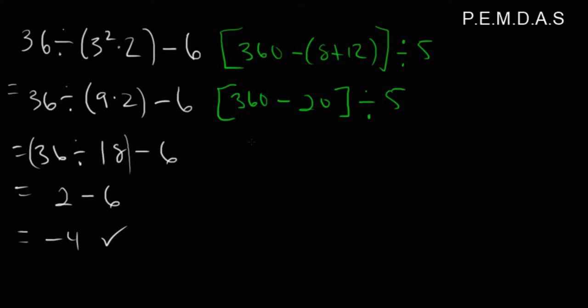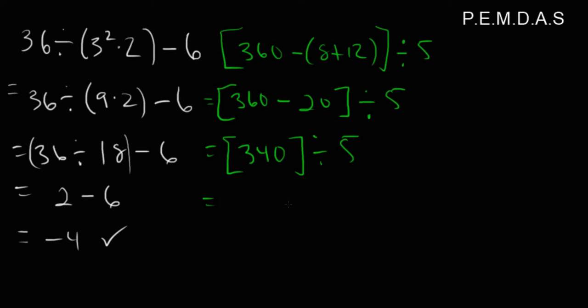Still working inside out from the parentheses. 360 minus 20, 340. So we have 340 divided by 5.